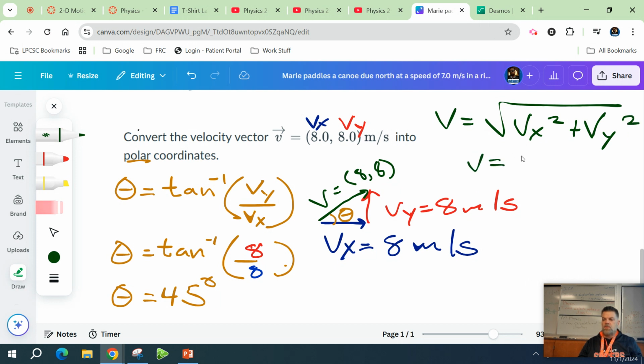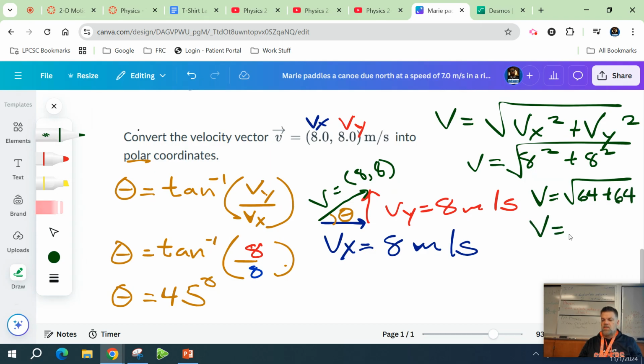So that's equal to 8 squared plus 8 squared. So V is equal to the square root of 64 plus 64. And V is equal to the square root of 128.